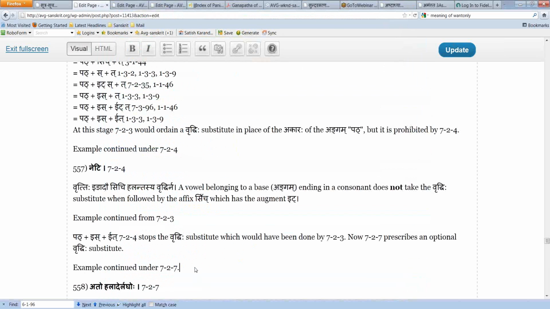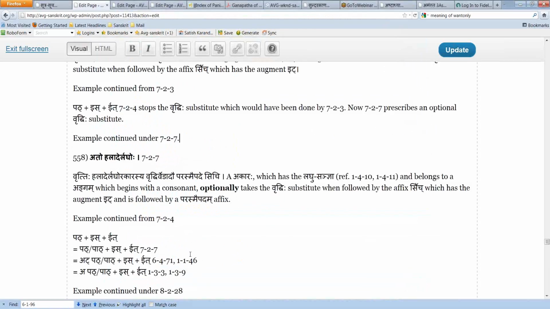It says that ato halade lagoho. Ato halade lagoho. So haladehe lagoho akarasya vriddhir vasyat. This is optional. Idado parasmai pade sichi. So this is optional. Akaraha. So ataha, which has the laghu sanya. Okay, laghu means what?